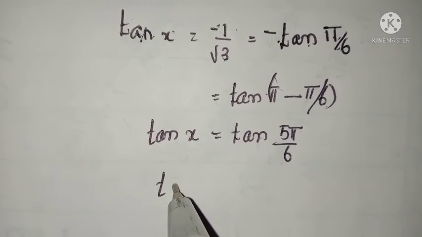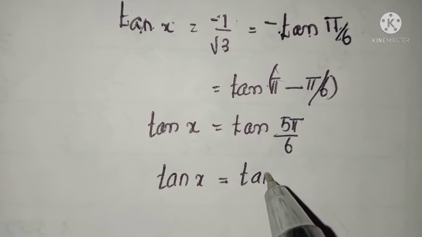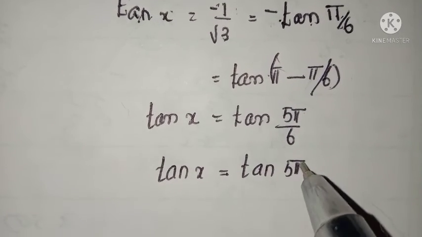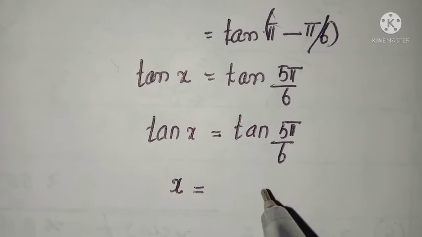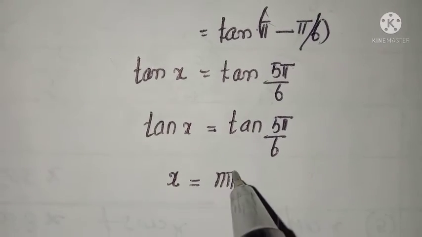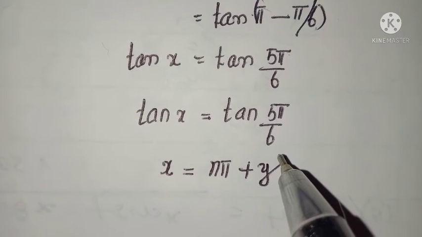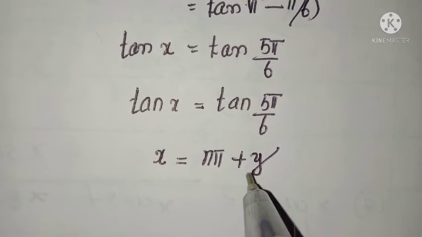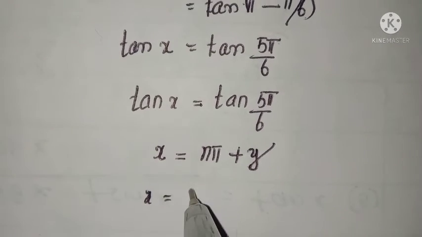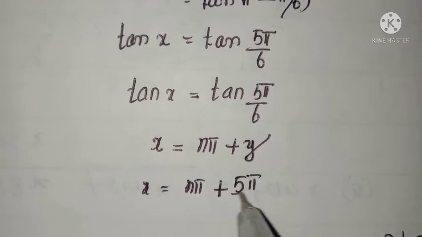So the trigonometric equation is in the form tan x equal to tan 5 pi by 6. Then the general solution is x equal to n pi plus y. Here y equal to 5 pi by 6. So x equals n pi plus 5 pi by 6.